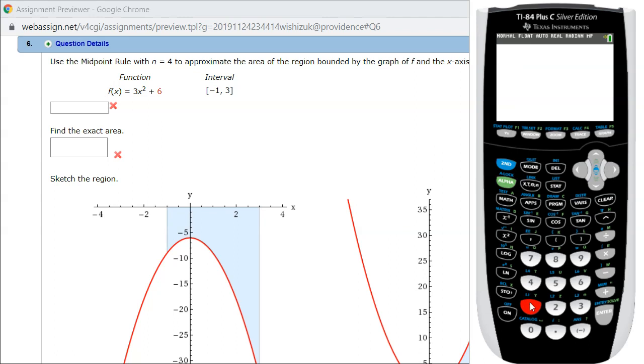So we put y1, then plug in the first midpoint, which is -1/2. I have to put -1 divided by 2, then parenthesis. Actually, I have to do a little bit more here. Hold on.